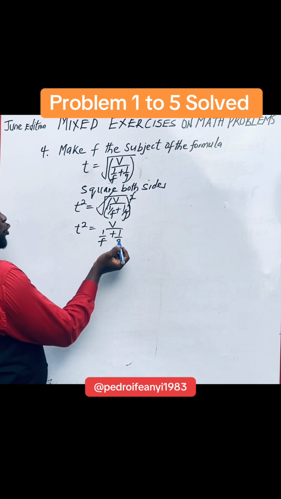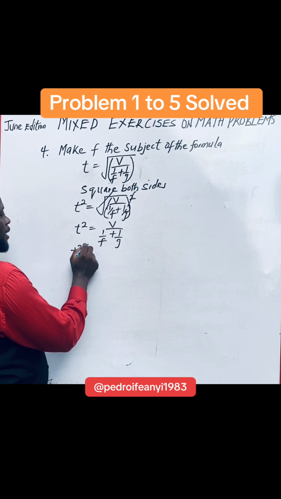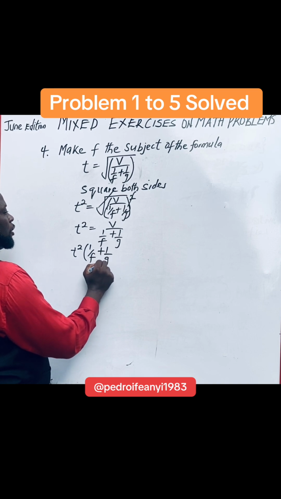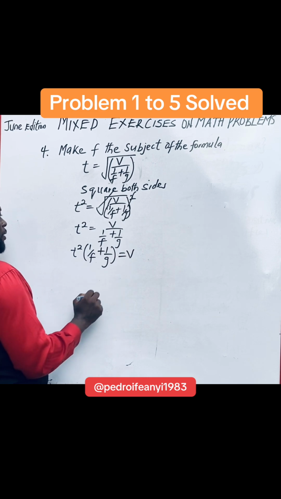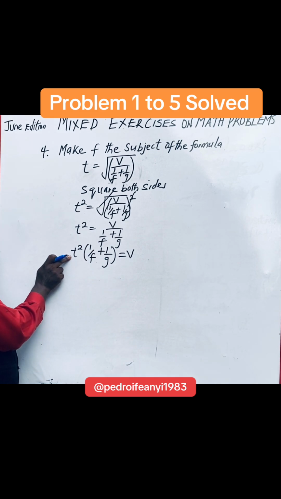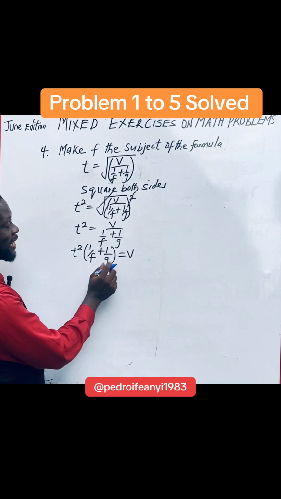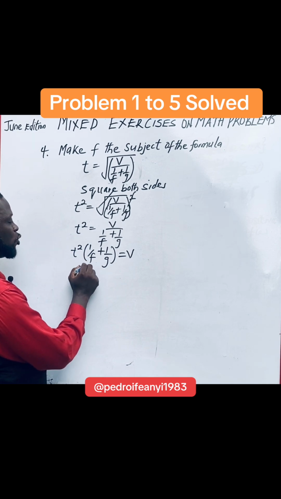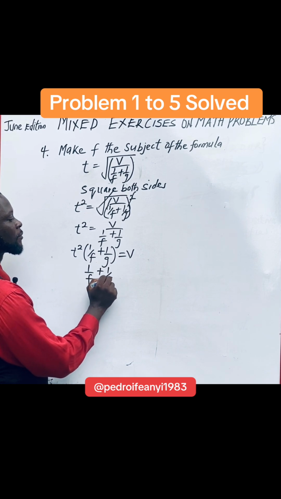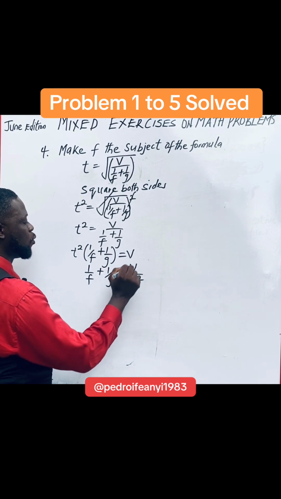So you cross multiply. You have t squared times 1 over f plus 1 over g equal to v. Bear in mind that you are looking for f. So what you do next is to take away this t squared that is attached to them. So you divide both sides by t squared. So you have 1 over f plus 1 over g is equal to v over t squared.